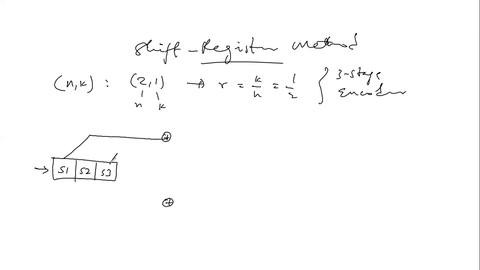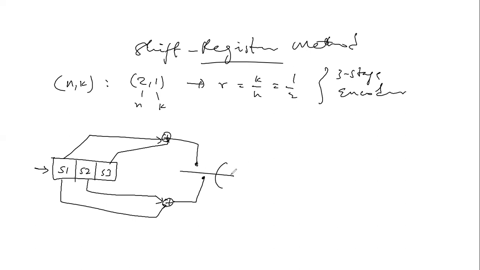S1 and S3 get into this, and S1 and S2 get into this. Then let's assume we have a switch to switch between these, so here we have the encoded output, V1, V2. Those are the 2 symbols, okay? And here we have the input.